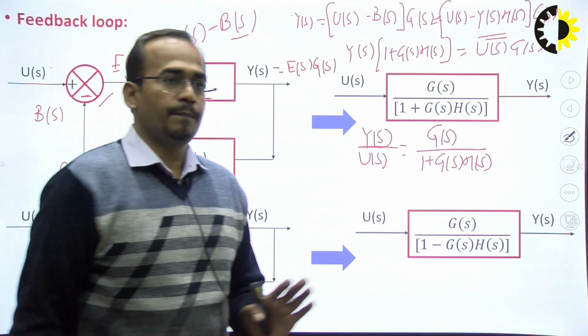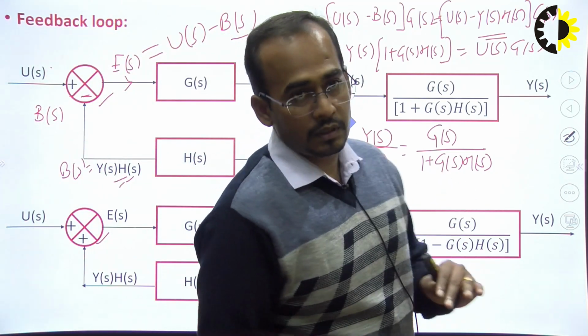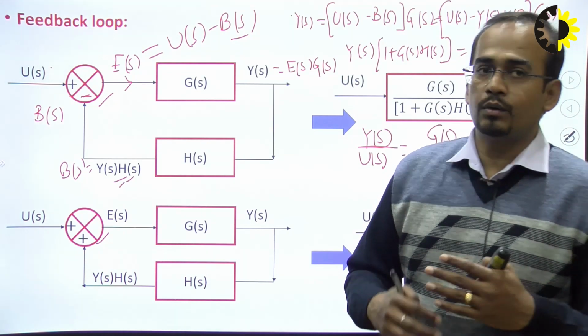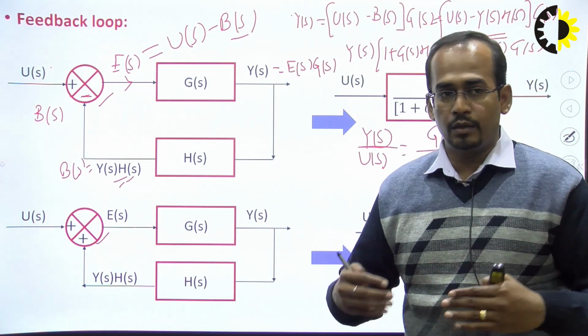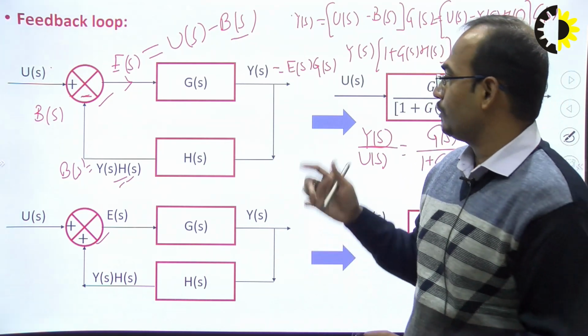This is the transfer function of the standard closed loop canonical form with negative feedback.